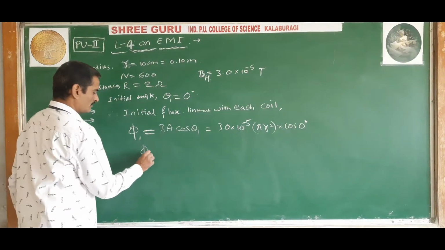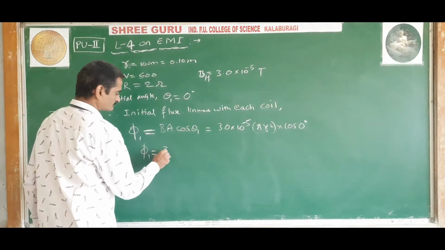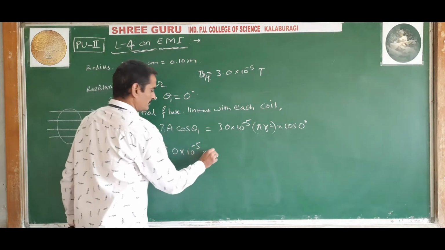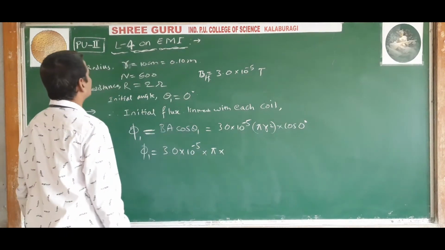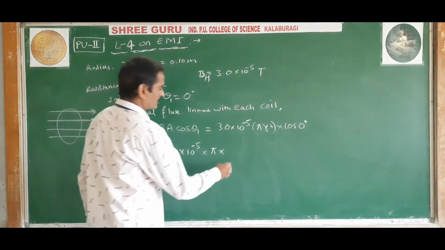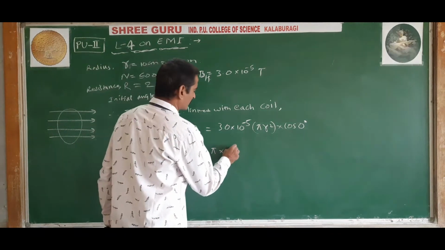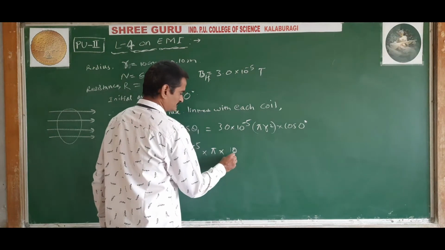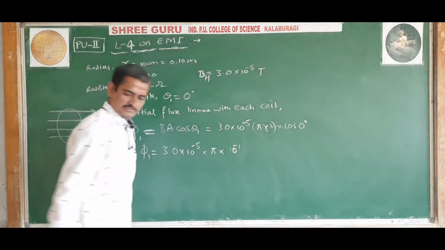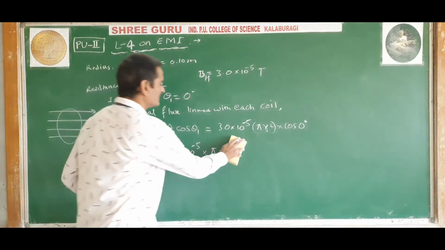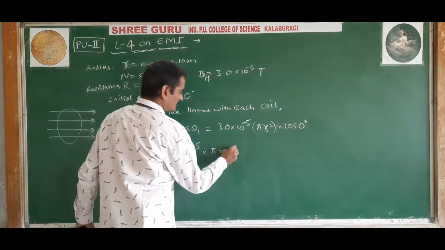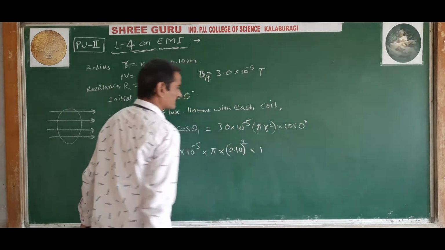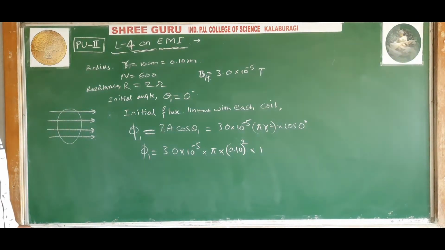So phi 1 is equal to 3.0 into 10 to the power minus 5 into pi into r squared. The radius 0.10 means 10 to the power minus 1, whole squared, into cos of 0 degree, which is 1.